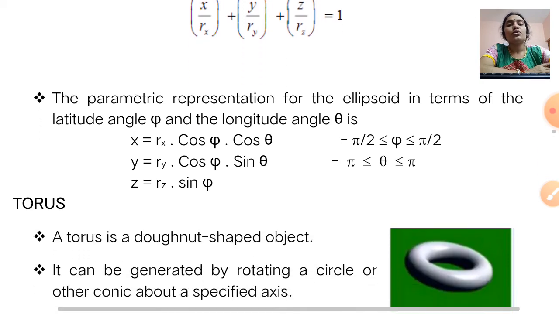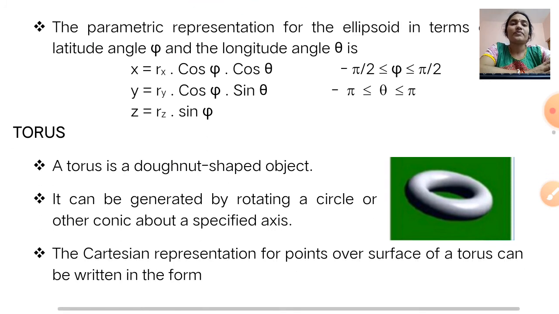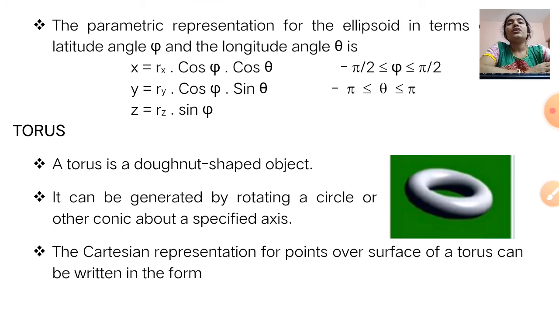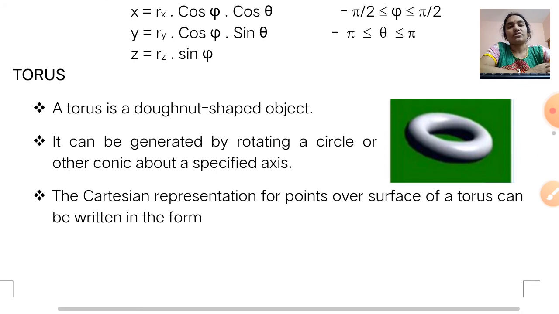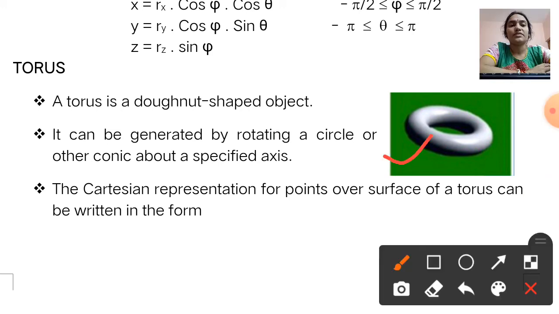but we also discuss what a torus is. A torus is a donut shaped object. This is an example and image of a torus. It can be generated by rotating a circle or other conic about a specified axis.